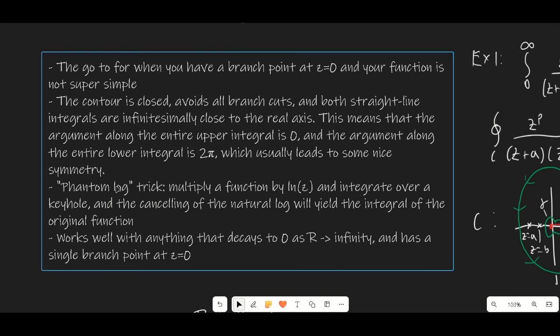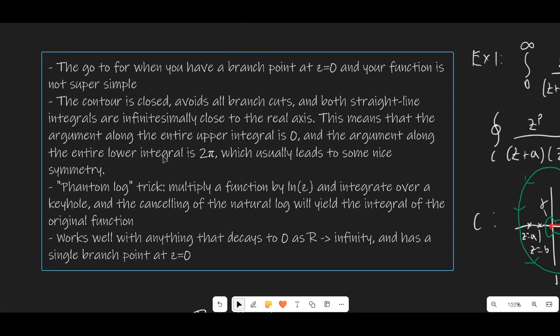Now, this trick is a little bit confusing, but we have what's called the phantom log trick. What we can do is multiply a rational function, or even a function with natural log of z in it, by natural log of z, and then we integrate over the keyhole contour. On the upper keyhole contour, natural log of z will just turn into natural log of x.